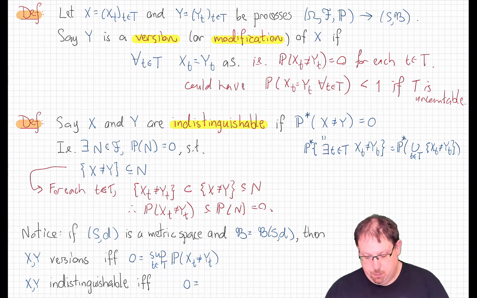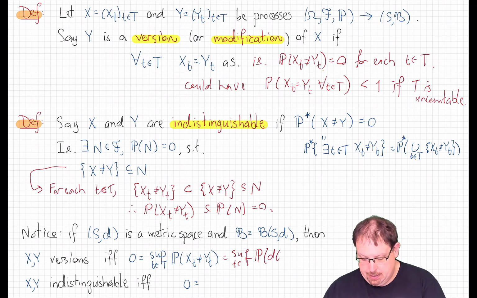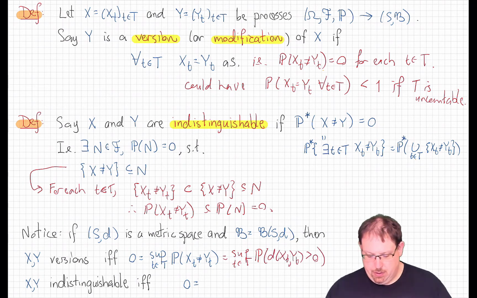In other words, the supremum of this over all t is equal to 0. And that's the same thing as the supremum over all t of the probability that the distance between x_t and y_t is greater than 0.